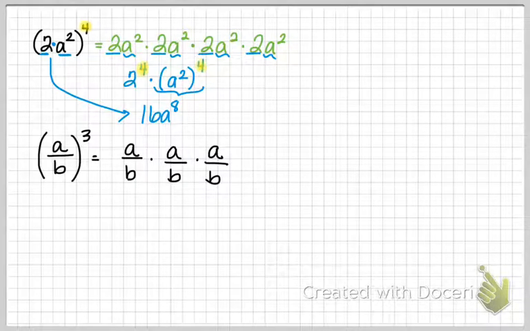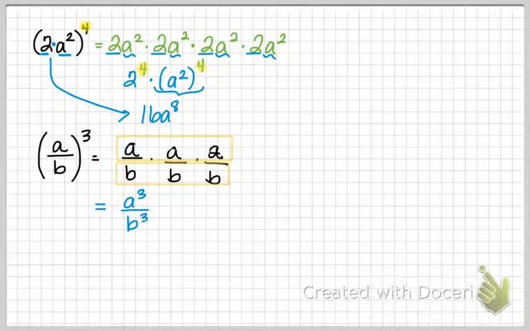Now, when we multiply fractions, remember we just multiply straight across. So I'm going to do a times a times a, and I'm going to do b times b times b. So my fraction ends up looking like a cubed over b cubed.